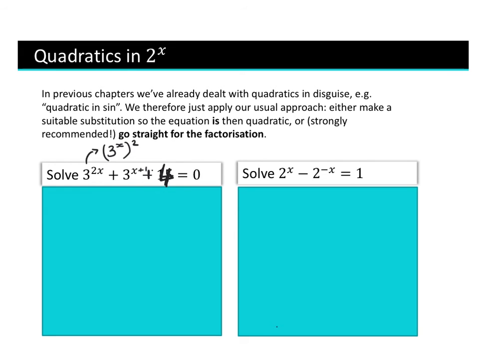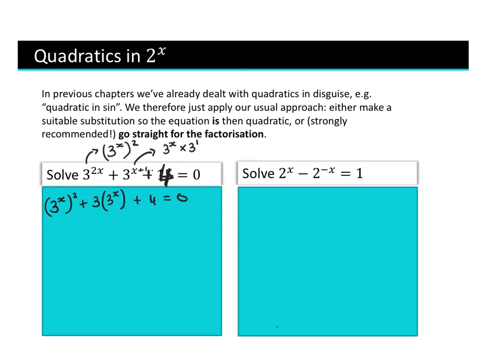And we know 3 to the power of x plus 1 is, in fact, 3 to the power of x multiplied by 3 to the power of 1 using our laws of indices. Okay? So, I could rewrite this equation as 3 to the power of x squared plus 3 bracket 3 to the power of x plus 4 equals 0.